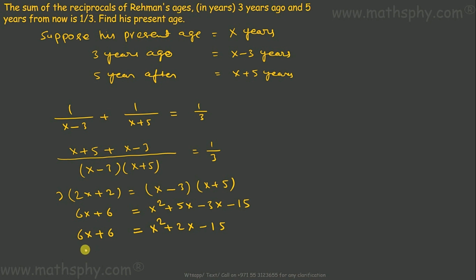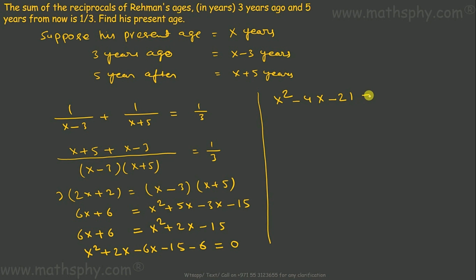I can write this as x square plus 2x minus 6x minus 15 minus 6 equals 0. This would be x square minus 4x minus 21 equals 0.